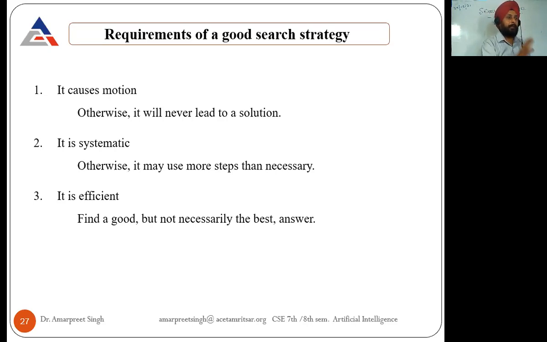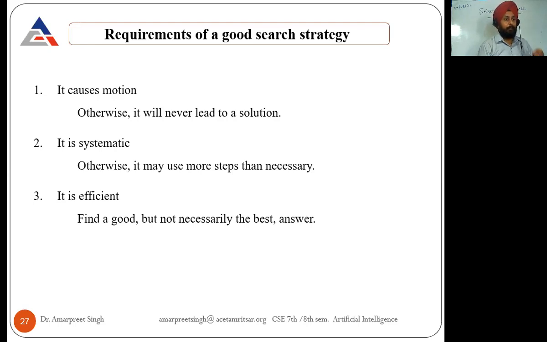Second, it is systematic. Your strategy should be systematic, otherwise it may use more steps than necessary. Proper planning should be there, and then you start. If it is not systematic, you may reach the solution, but the steps you carry out will be more than the optimal solution. And last, it is efficient.